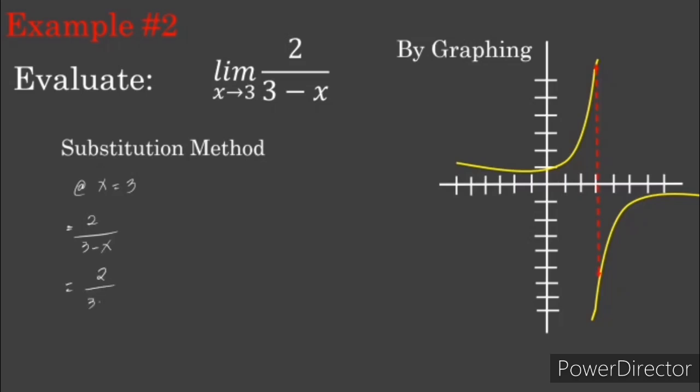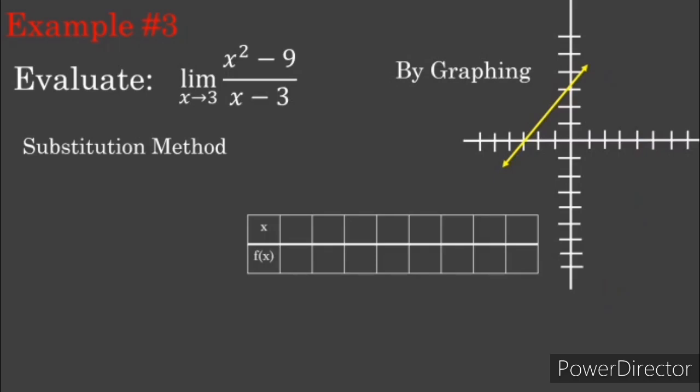So, 2 over 3 minus 3, which is equal to 2 over 0, which is equal to undefined. So, alam natin na kahit anong number pa yan, kapag 0 ang denominator niya, that means the answer is undefined. So, in that case, therefore, the limit of the function does not exist. So, hindi nag-exist yung limit nung function.